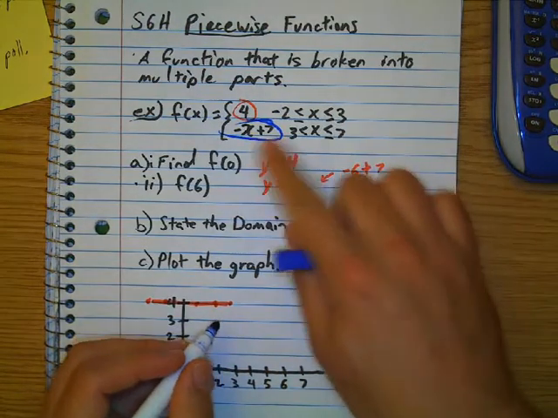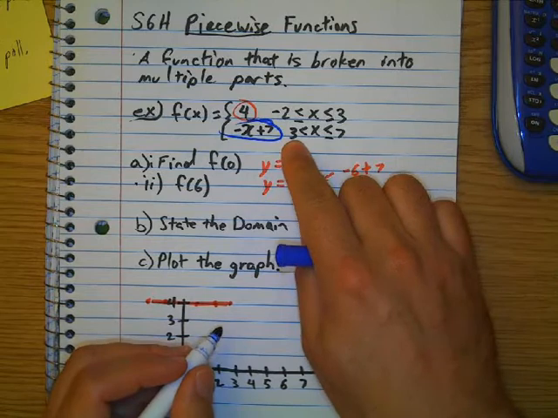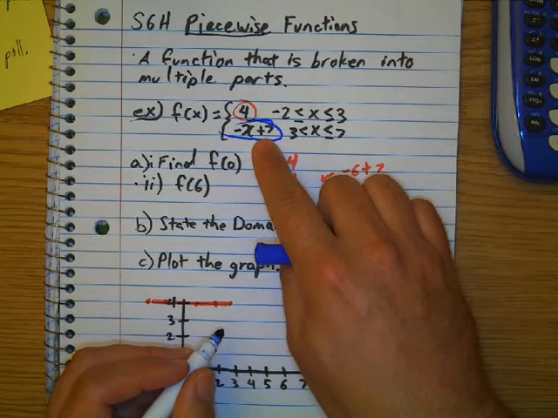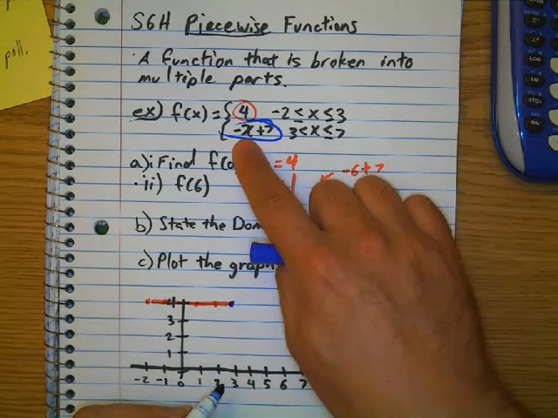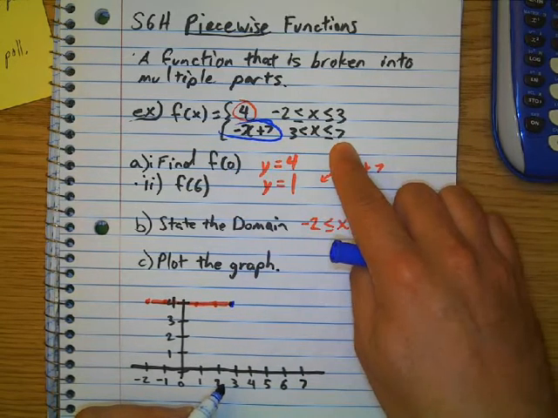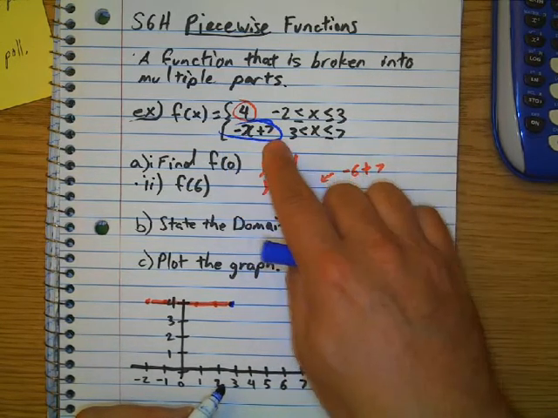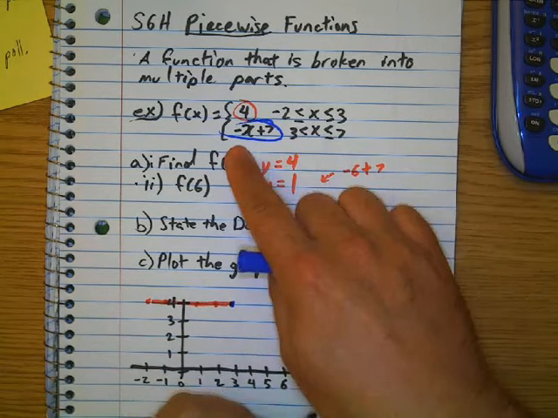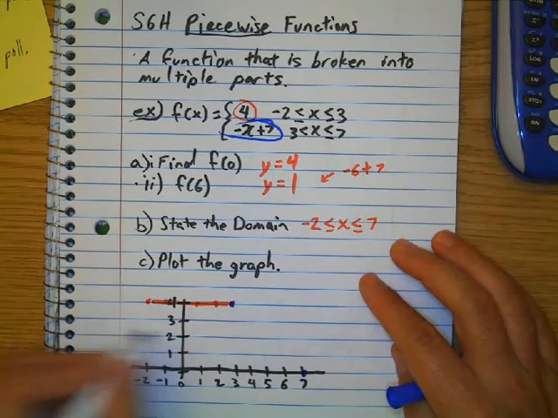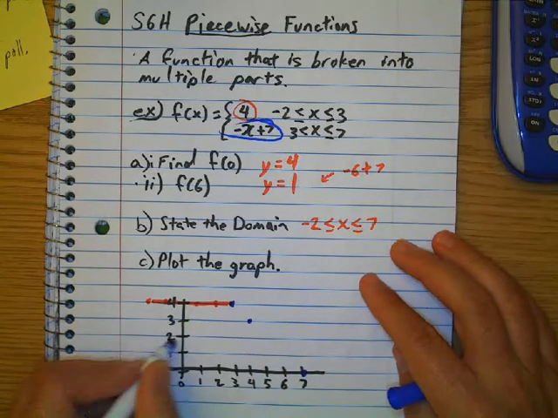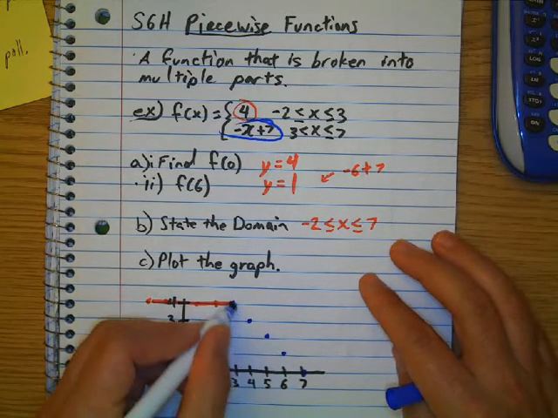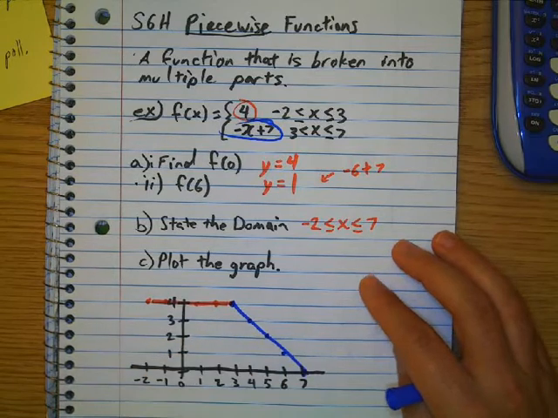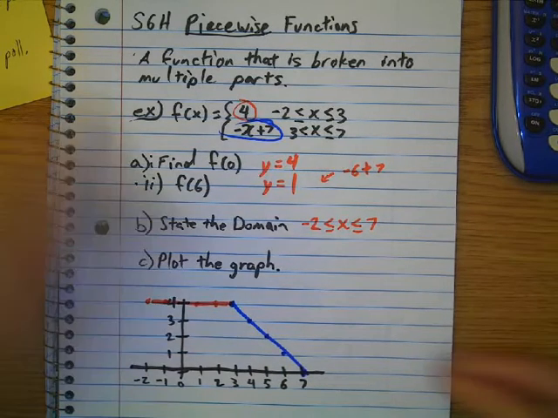So if I plug in 3, negative 3 plus 7 is 4, right? If I plug in 7, then we're going to have negative 7 plus 7, which is going to give me 0. My slope is negative 1, so it's going to go down 1 each time. Okay, there we go. Hope this helps you with your homework.